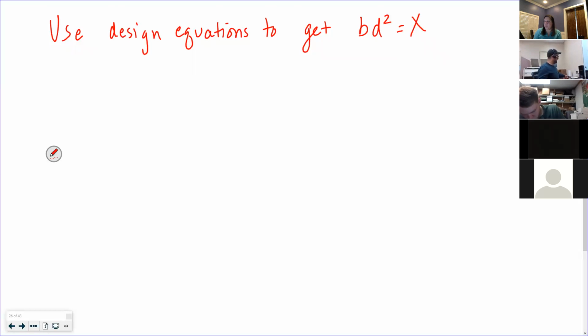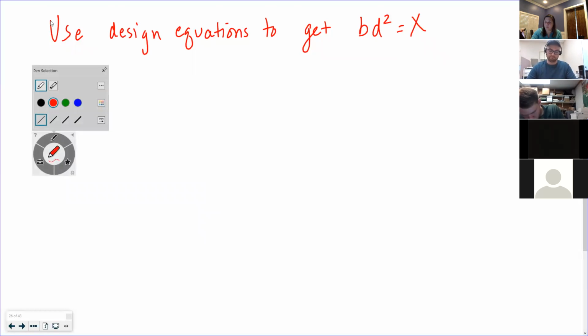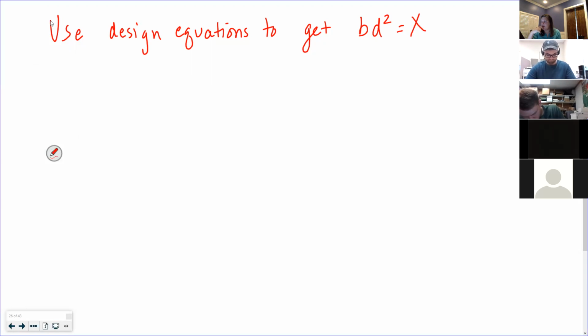It's going to be some number, right? So why don't you guys go back and look at the equations and see if you can do that.